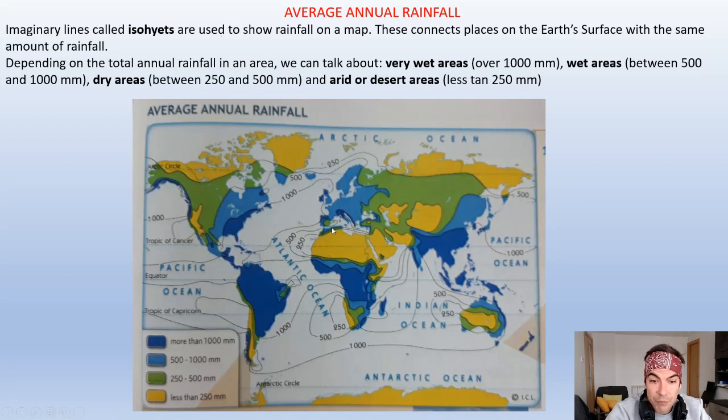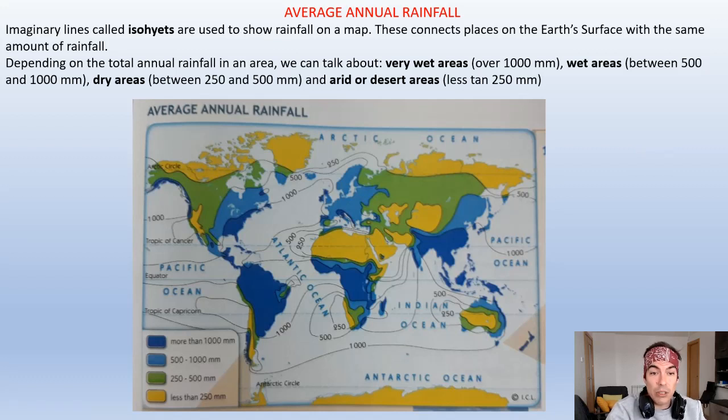For example, this line means that here there is 1000 millimeters of precipitation, here also, and here also. All these lines, isotherms, isobars, and isohyets, work more or less the same way. These lines connect places on the Earth's surface with the same amount of rainfall, as I said.